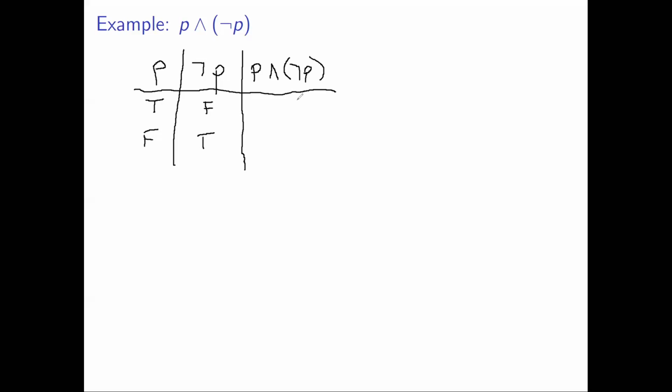In this first row, we have P true, we have not P false. So the conjunction P and not P is going to be false. Second row, we have P false, not P true. So the conjunction P and not P, again, is false. So this is a contradiction.